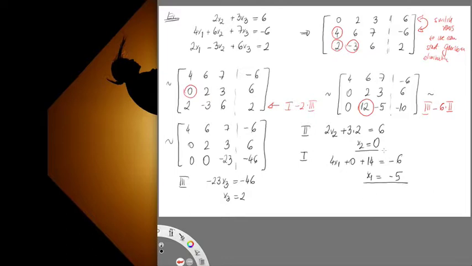All right. So our solution as a vector would be -5, 0, and 2. So I'm just piling it up in a vector. And can you check for me, pick an equation and check that this solution is really correct? Original equation, please.